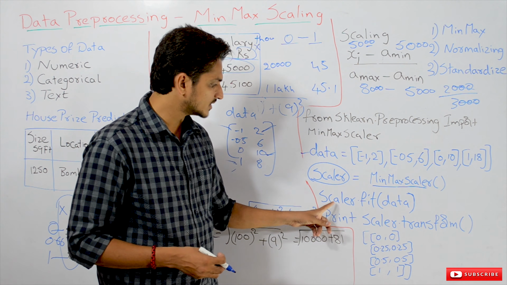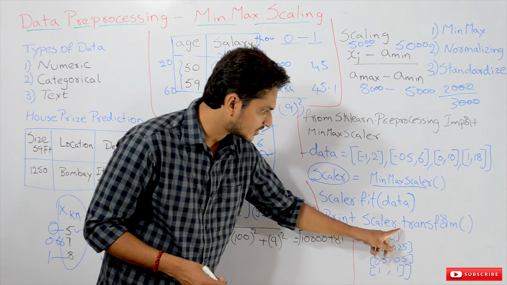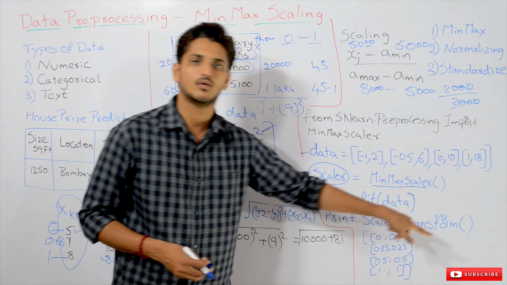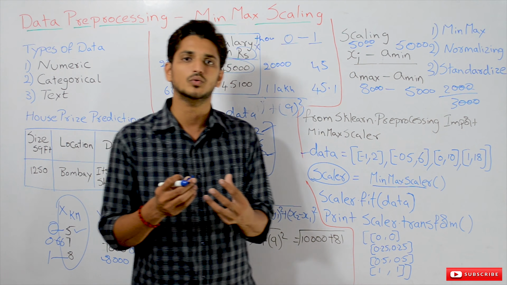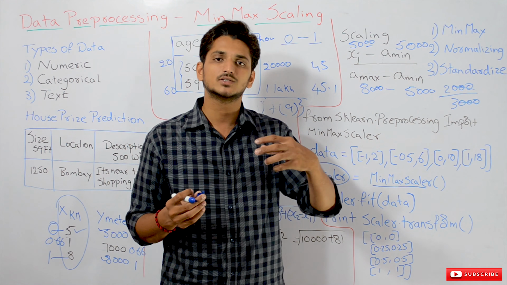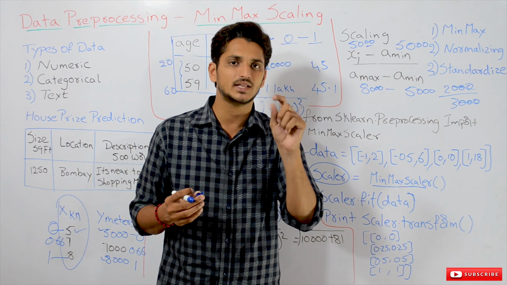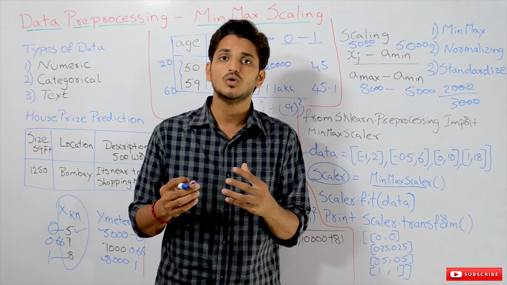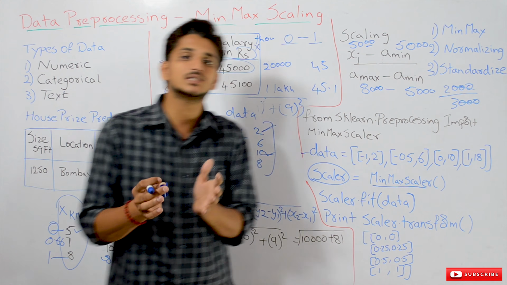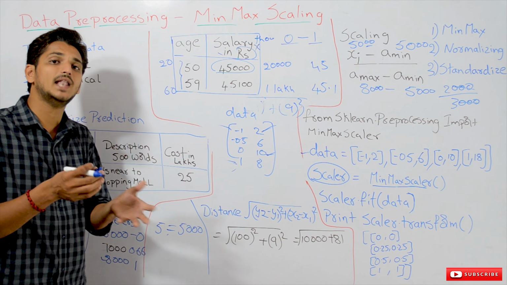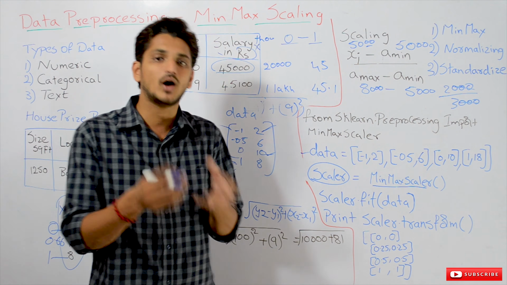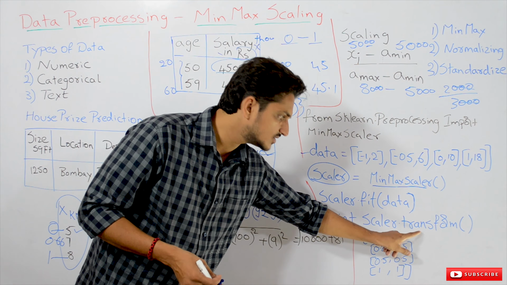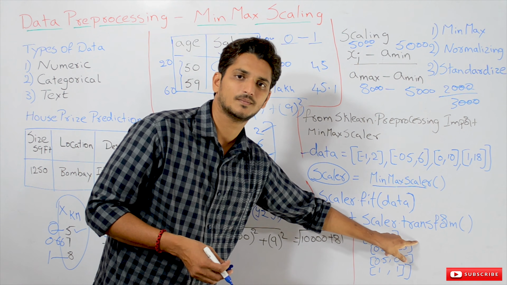The next one is print scaler.transform. What does the transform function do? After the fit function, the minimum value and maximum value have been identified. Now transform those values, meaning convert them to values between 0 and 1. At this stage, the transformation is done.